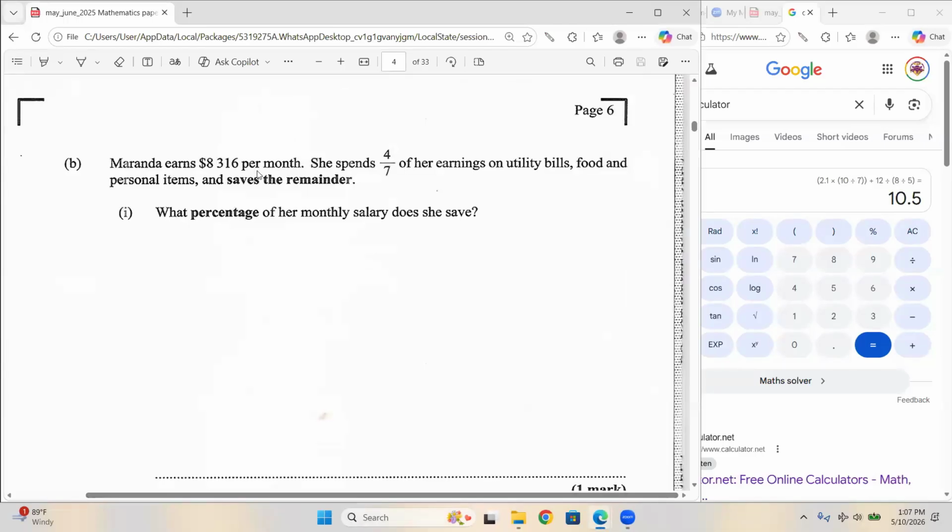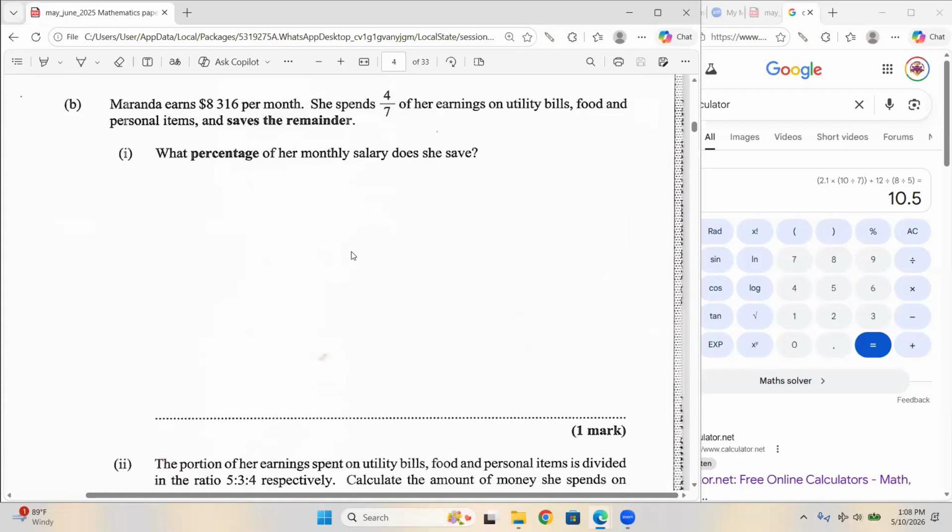All right, so it says Miranda earns $8,360 per month. She spends 4/7 of her earnings on utility bills, food, and personal items and saves the remainder.